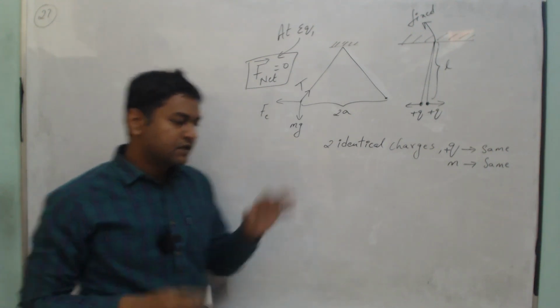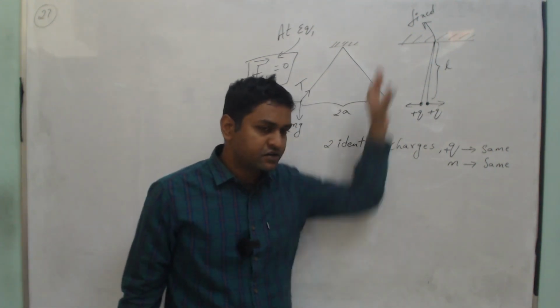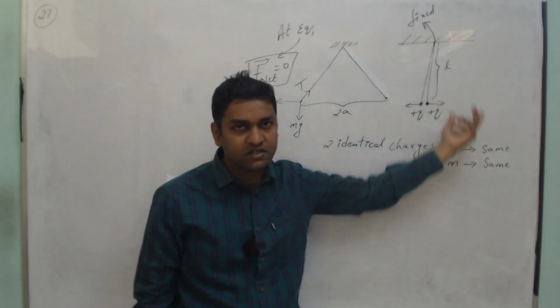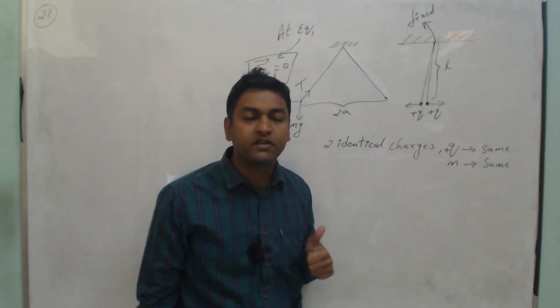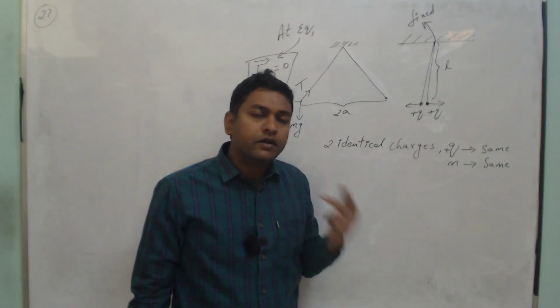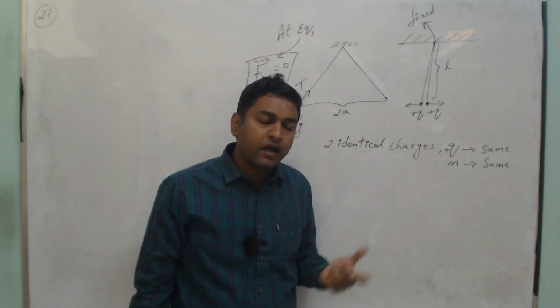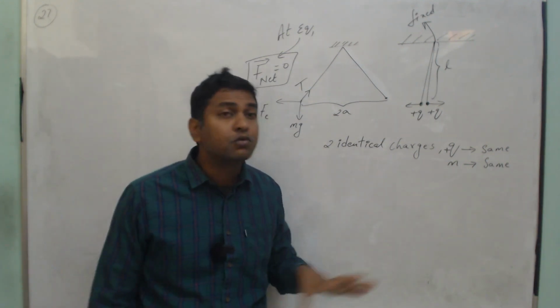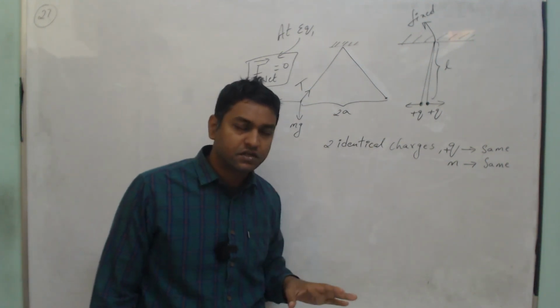So when reading the question, I understood how the charges are placed and how the figure is given. Point number one. Point number two, I have also understood that this fellow is interested in discussing something about equilibrium position.